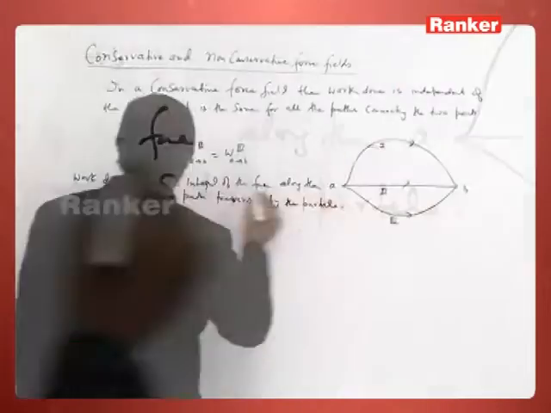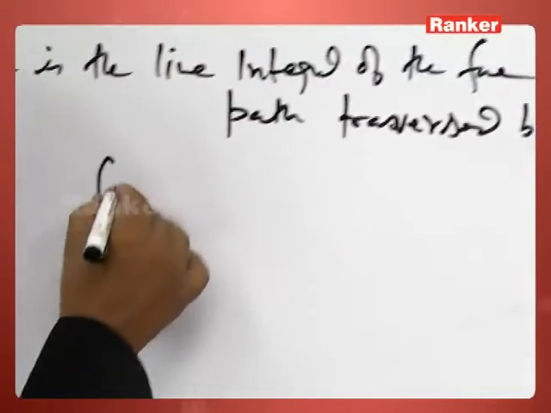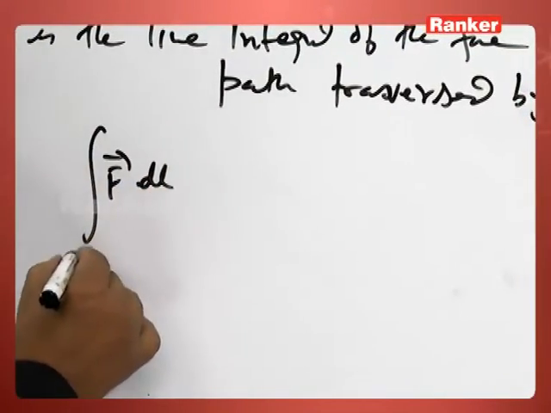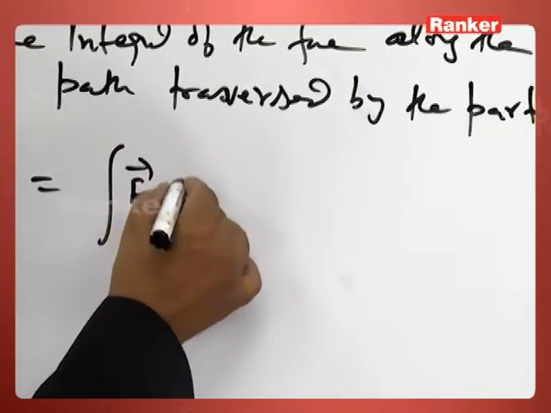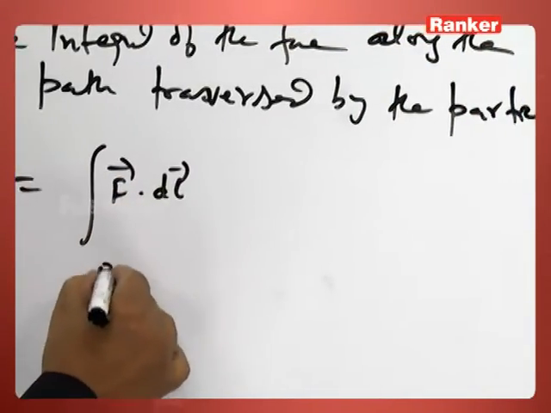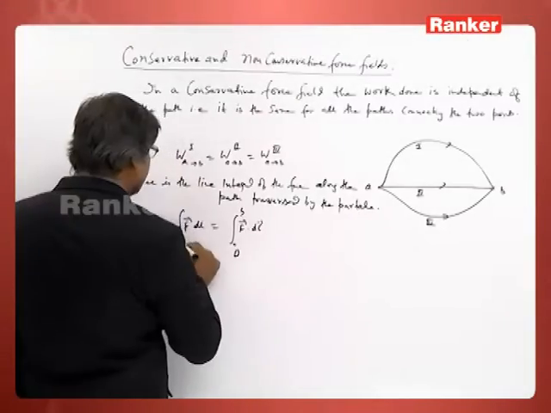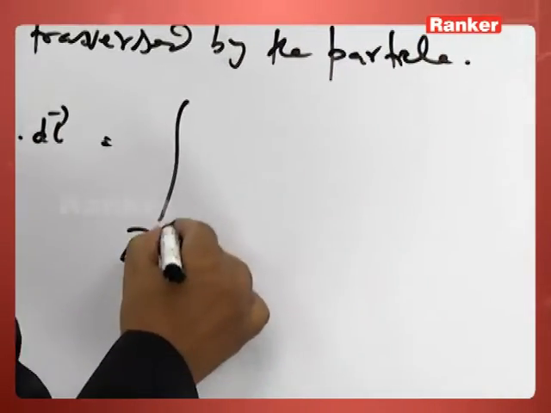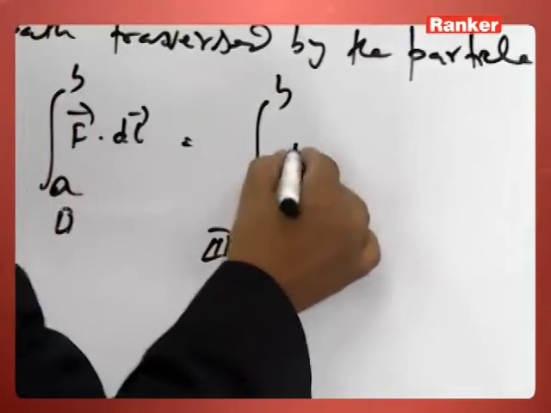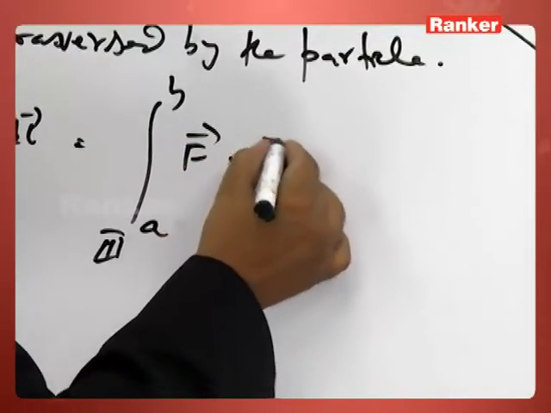That means this is written as F dot dl from path 1, that is from A to B, for path 2 from A to B, and path 3 from A to B, that is the same.